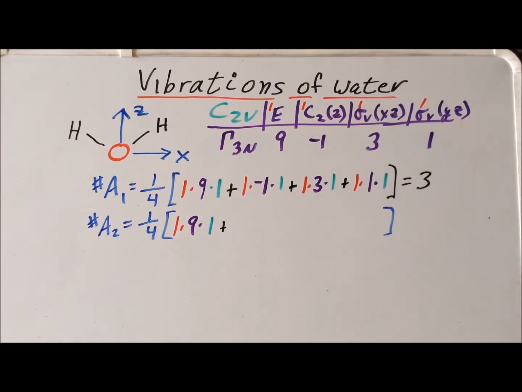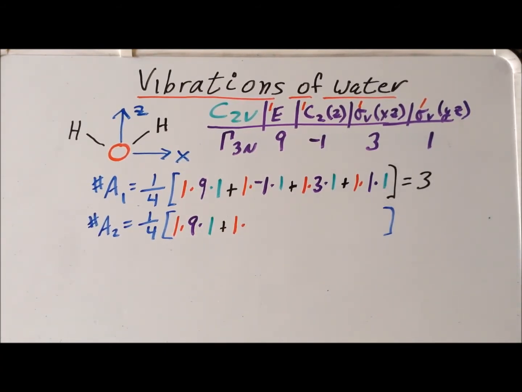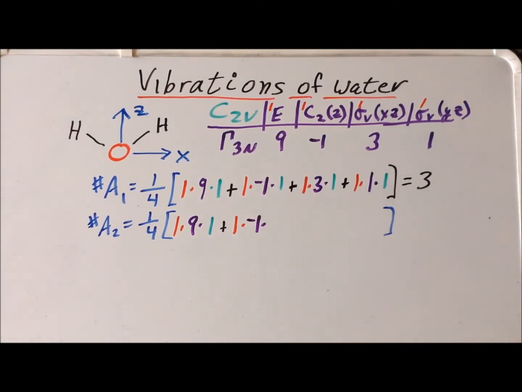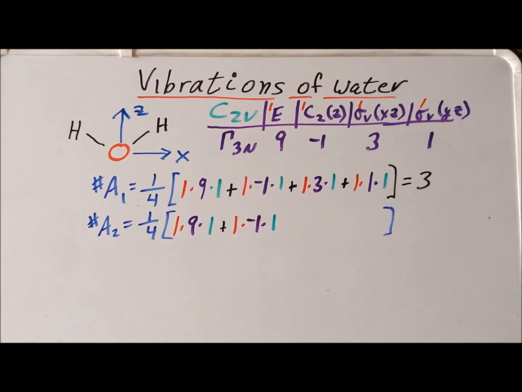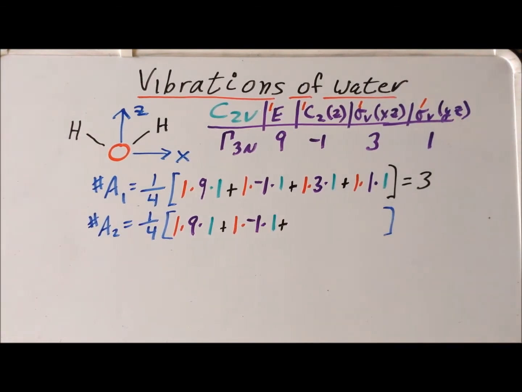Now for C2, there is one operation in the class. The character from the reducible representation is -1. And the character from the character table for A2 is again a +1. So far it looks as if A2 is going to be identical to A1, but we'll see that soon it will not be the same.